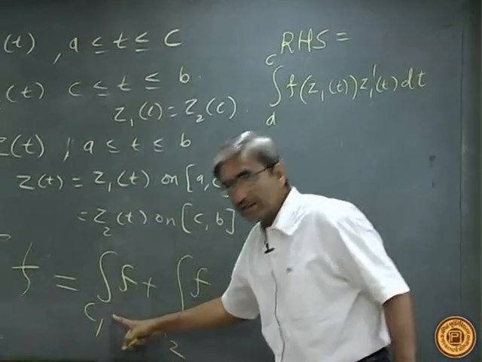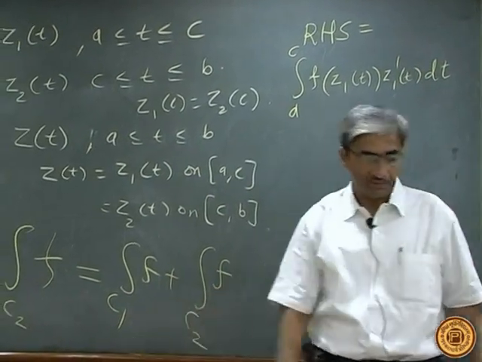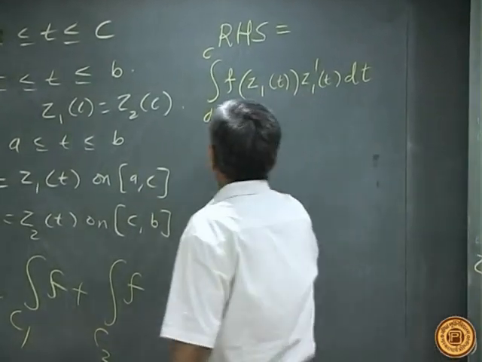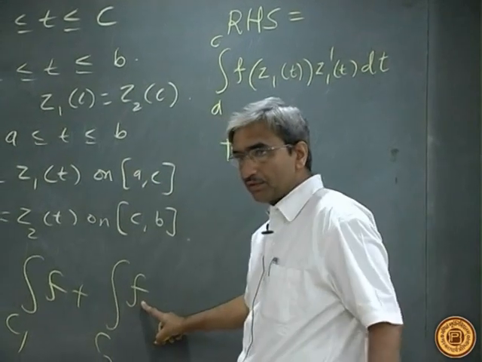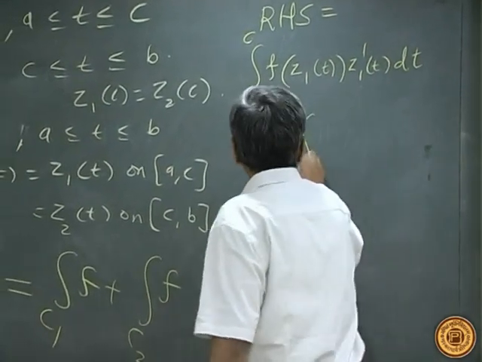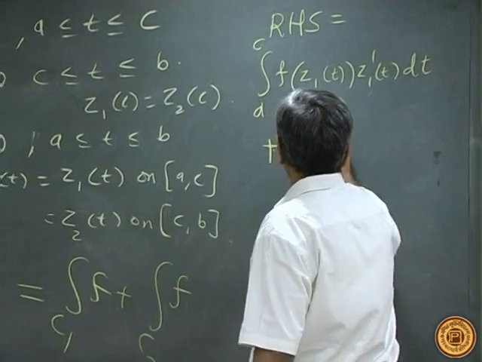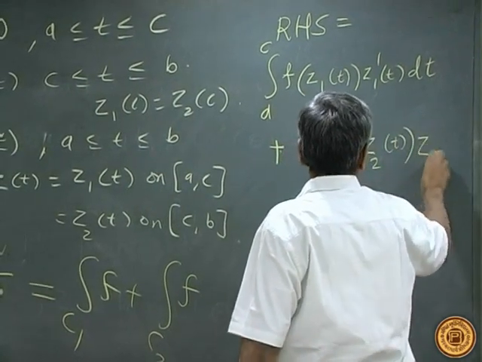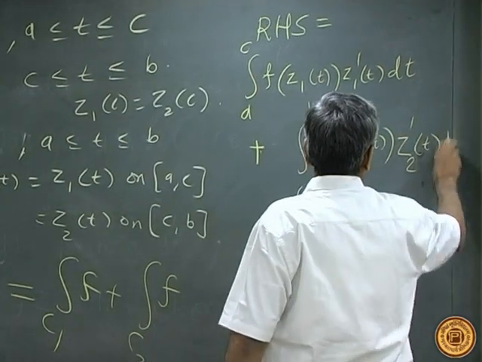That is exactly the definition of the integral of f over C1. Plus the integral of f over C2 is what? It is the integral from c to b of f(z2(t)) z2'(t) dt.